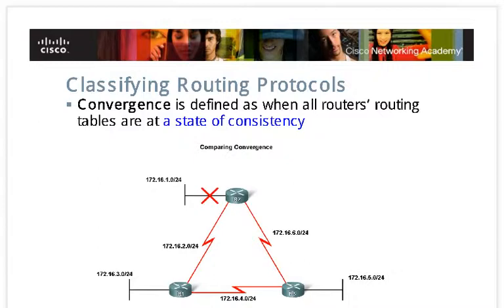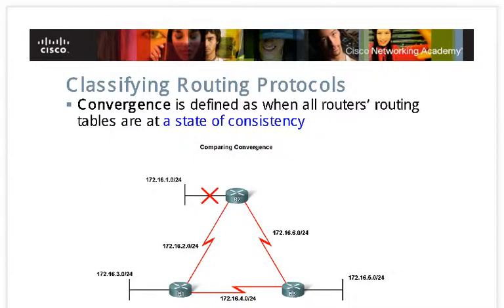Is that clear? So any update message, whether distance vector or link state, contains no new information based on the information that I already have, and this is the case for all routers in the autonomous system.